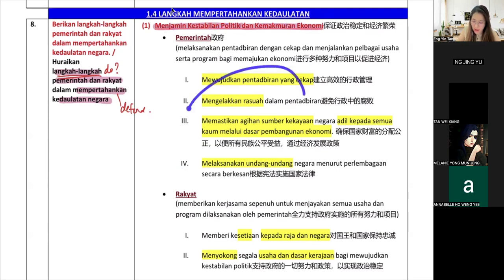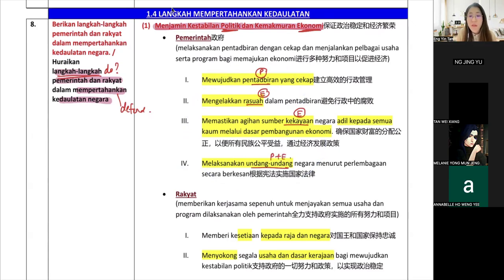So you see, my answer here involved two. One politics, another one is economy. So example, politics, economy, and then economy, and then politics. This one politics and economy also can.